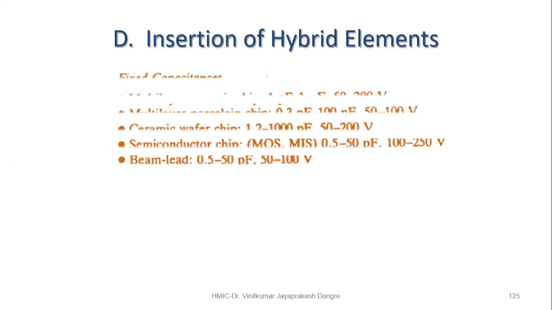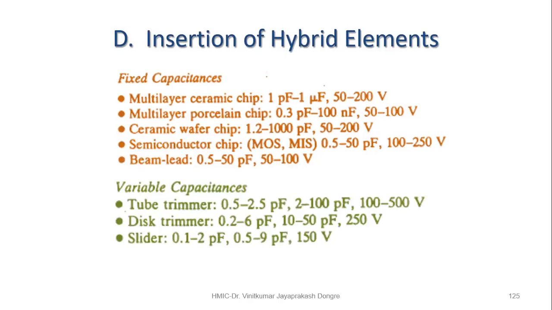Then, insertion of the hybrid element. These are some fixed capacitances and their values. You can have these specifications depending upon the value, because when you design and fabricate, you have to keep in mind which value components are available.